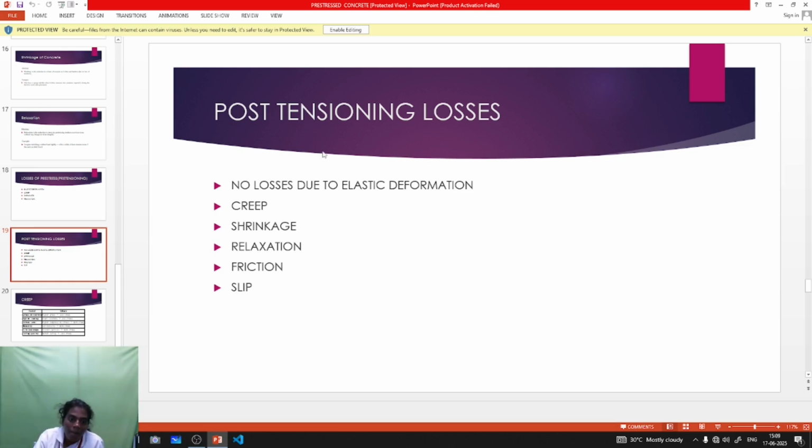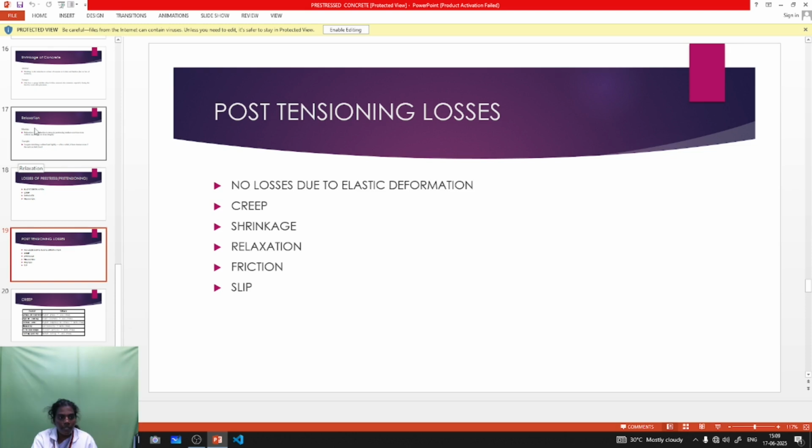The other losses due to elastic, creep, shrinkage, and relaxation are common for pre-tensioning and post-tensioning. Friction and slip are the only losses occurring for post-tensioning members. Friction occurs because after the concrete is poured, the steel is stressed through it. Slip occurs at the anchorage when the steel is stressed, so anchorage slip occurs. These are the post-tensioning losses.